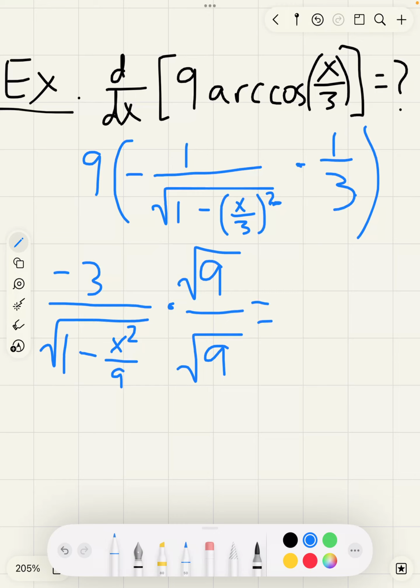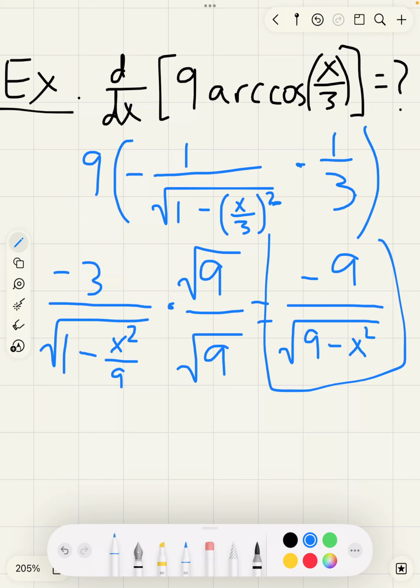In the numerator, that's going to give us negative 9, right? Square root of 9 is 3. 3 times 3 is 9. And in the denominator, we're under a square root. So I'm going to multiply every term under the square root by 9. 9 times 1, I get 9. X squared over 9 times 9 is just x squared, right? The 9's divide out. So this is the answer we want.